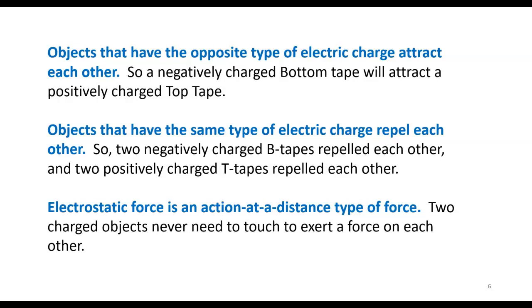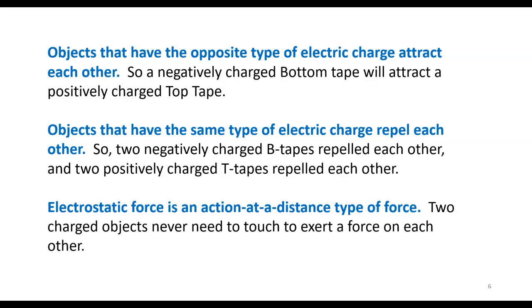You have probably heard before that opposite charges attract and like charges repel. Objects that have the opposite type of electric charge attract each other. So a negatively charged bottom tape will attract a positively charged top tape. Objects that have the same type of electric charge repel each other.